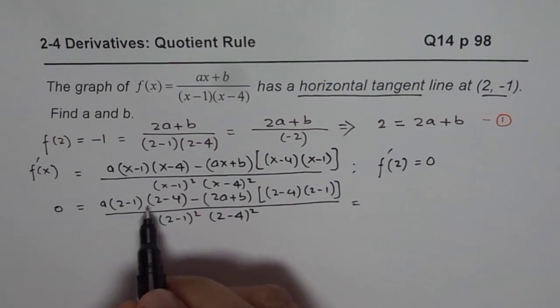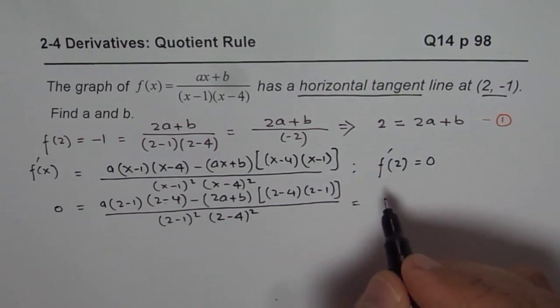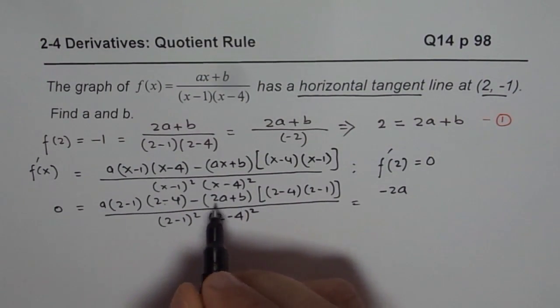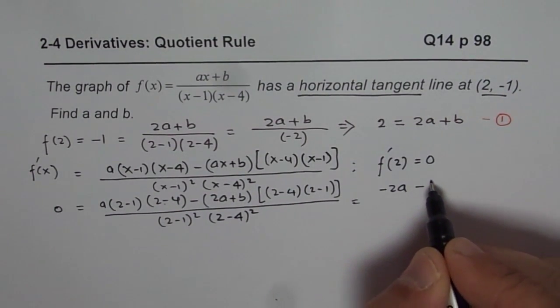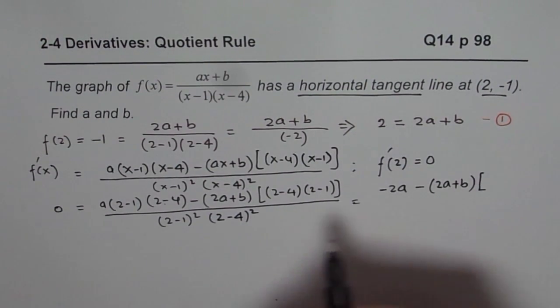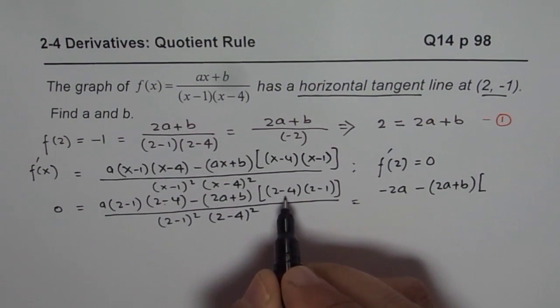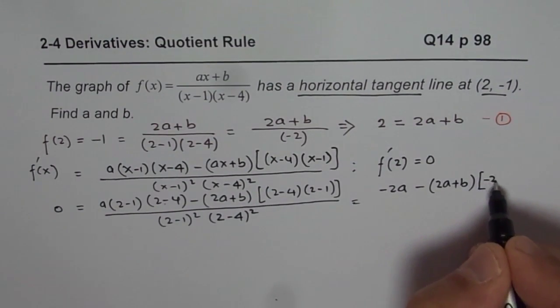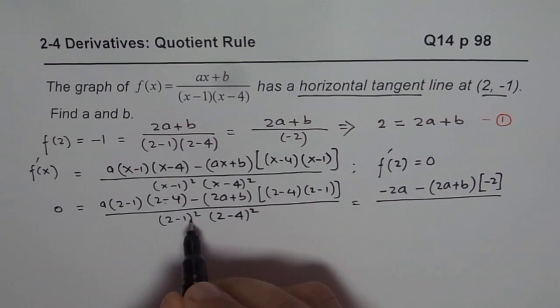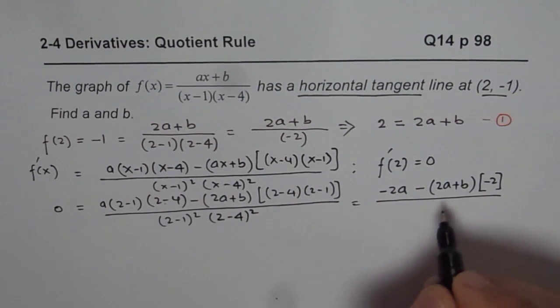2 - 1 is 1, 2 - 4 is -2, so we get -2a. Now for this part: minus (2a + b) times (2 - 4), which is -2, times 1, so we have -2 here, divided by 1 squared, which is 1, times (-2) squared, which is 4.